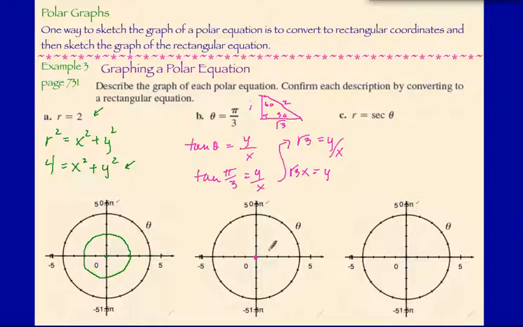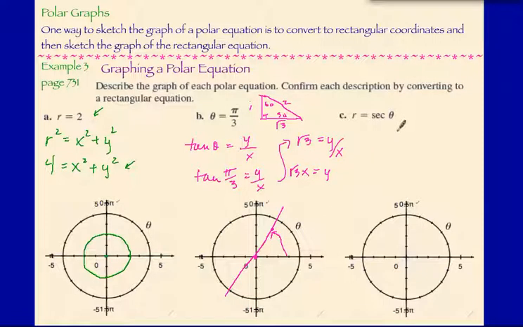That's not necessarily our favorite slope, but remember what theta equals pi over 3 means: we're talking about the 60 degree angle, which would probably be about right here. Basically every point on the line connecting the origin at a 60 degree angle. So that's how you would graph it. Sorry, it's not looking that great.